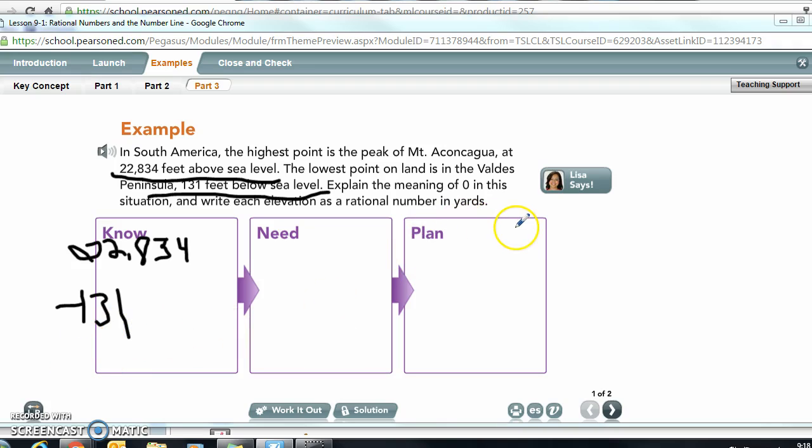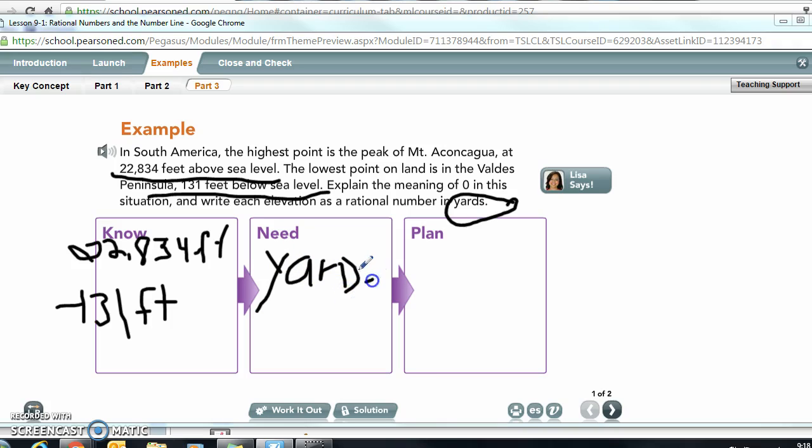Okay, explaining the meaning of 0 in this situation, and write elevation as a rational number in yards. Well, some of us may not know what to do here, okay? Because this is measured in feet, and this is measured in feet, we need to find a way to get this to yards, okay? Well, we need to know what a yard is equal to in feet, and I know that 1 yard is equal to 3 feet.